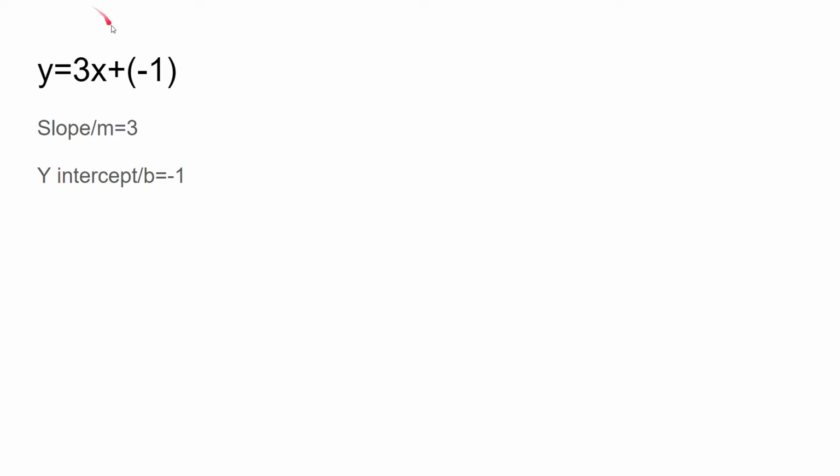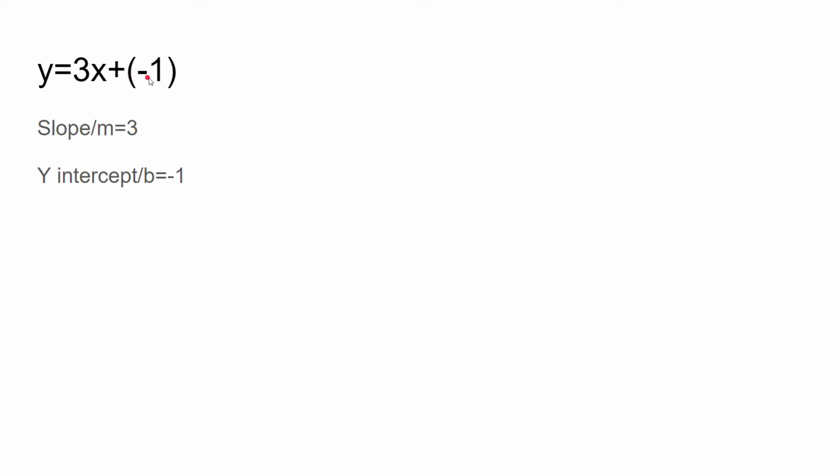And if you're not used to slope-intercept form, I recommend that you write minus b as plus negative b.